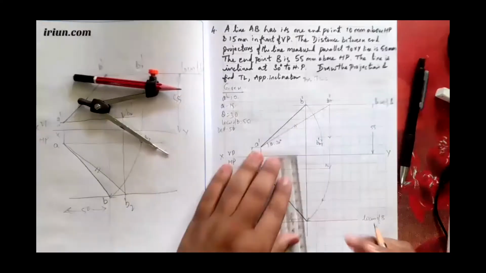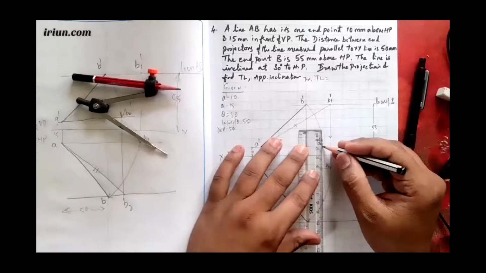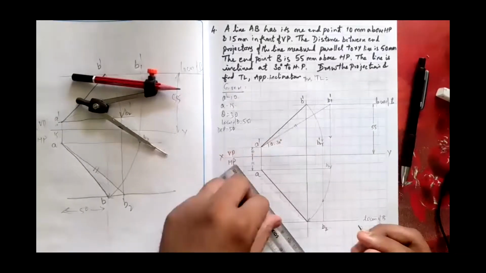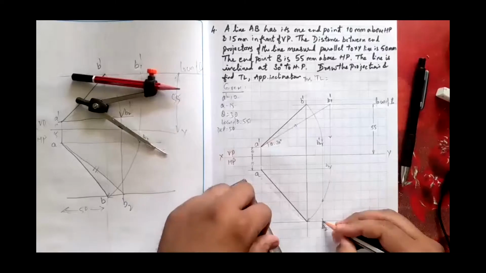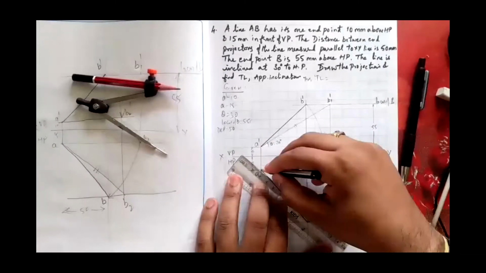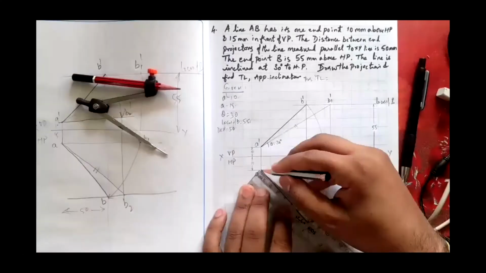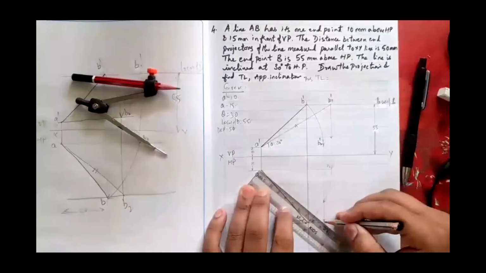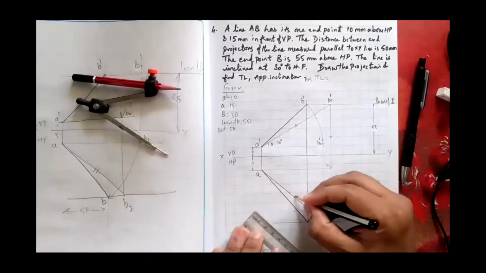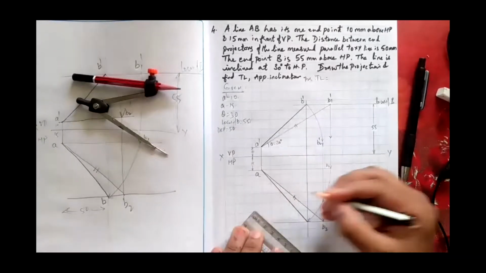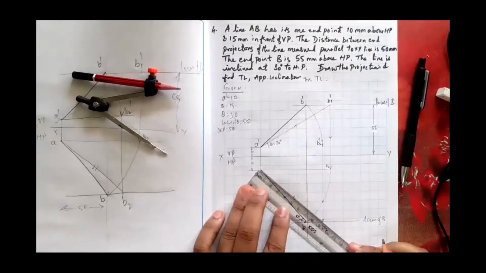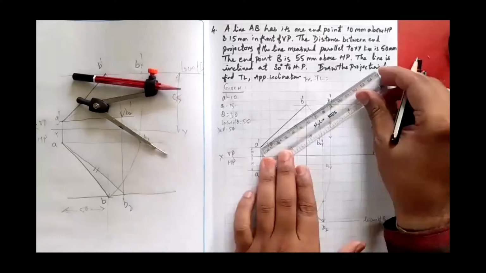So I'll draw a horizontal line and I have got B2. I'm drawing an arrow mark so that it has been joined. And if I join this line, A B2, and measure it, it is 90 mm. Same here also 90 mm. Then only my problem will be right.